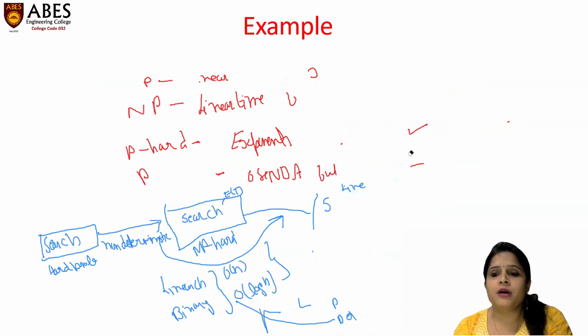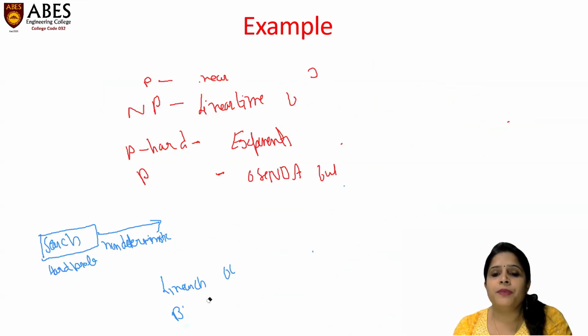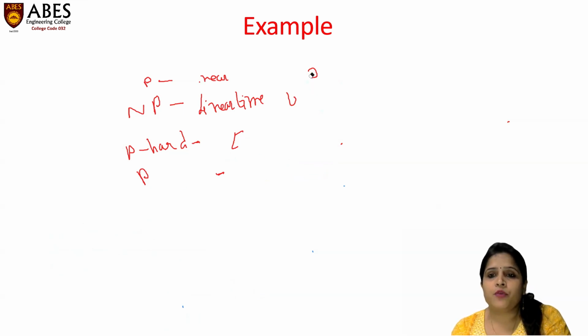Some problems are easier and some are complex. If the computer solves a problem in linear time, these are easy problems, or we can say NP problems. If the computer is not able to generate a solution in linear time and generates the solution in exponential time, these problems come in the category of NP hard problems.